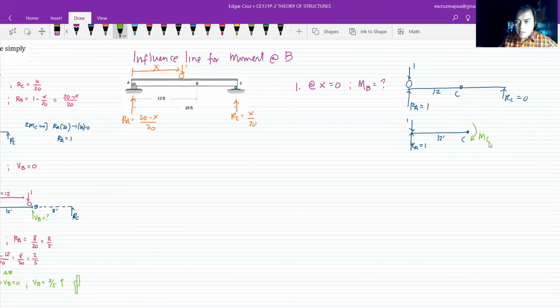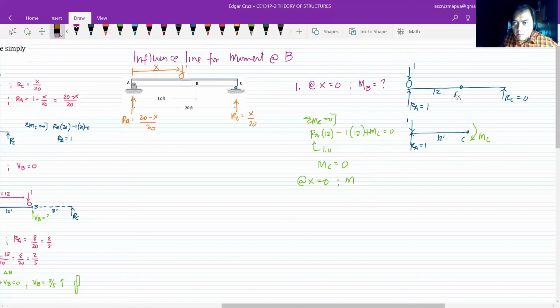Diba, pagka nag-summation tayo ng moment dyan, summation moment at C equal to 0, that would be RA times 12 minus unit load times 12. Tapos, plus MC equals 0. Eh, yung RA natin is equal to 1. So, therefore, we could say that the moment C is equal to 0. No? So, 12 minus 12, 0. So, MC, 0.